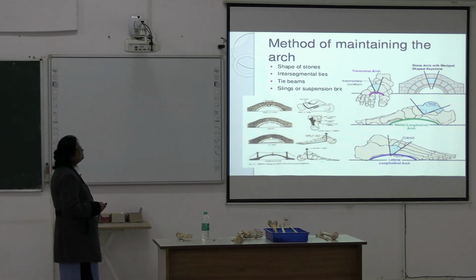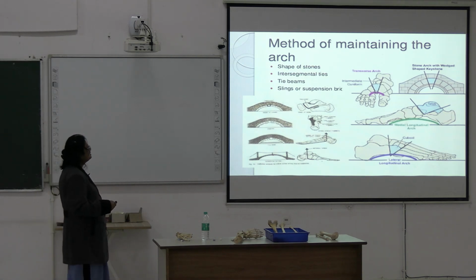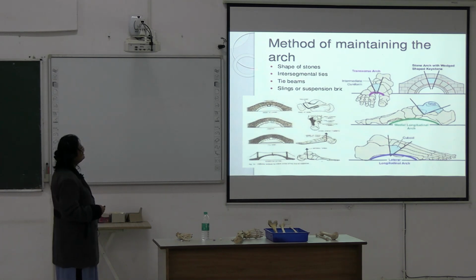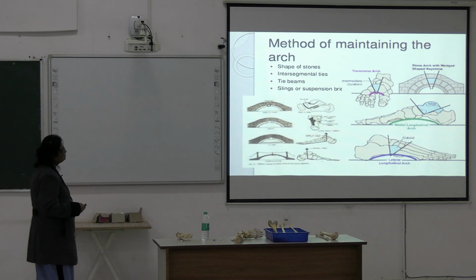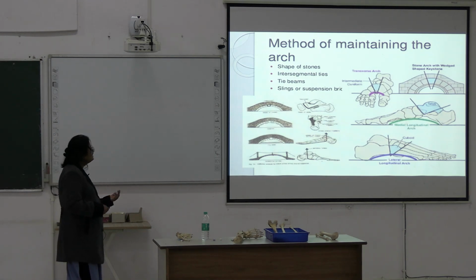Now the method by which these factors maintain the arches: the arches are maintained due to the shape of the bones, they are wedge shaped. The outer margin is enlarged and the lower margin is shorter. So you can see the bones are wedge shaped. There are intersegmental ties, known as staples, which keep the bones in an arched manner, formed by the ligaments.